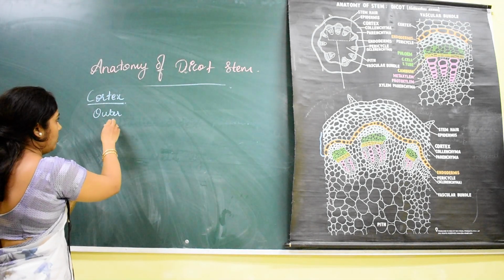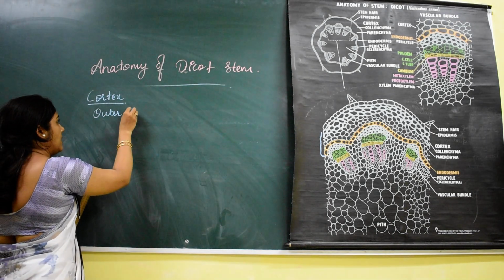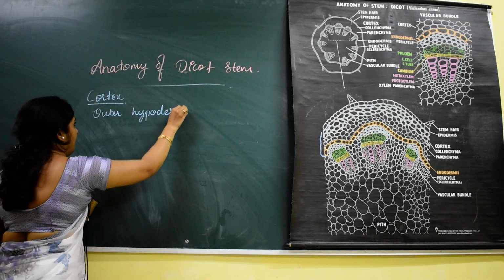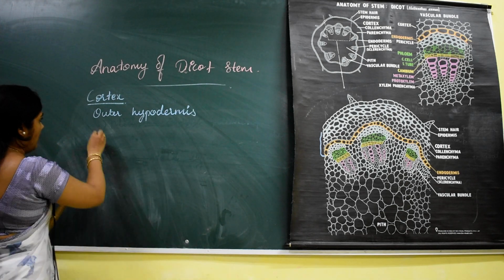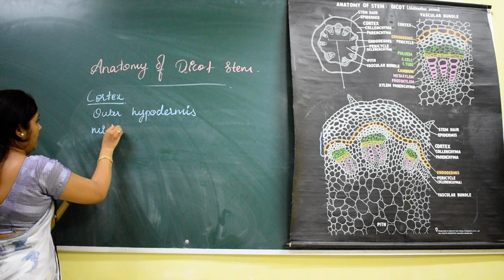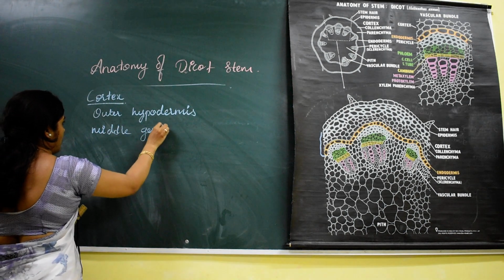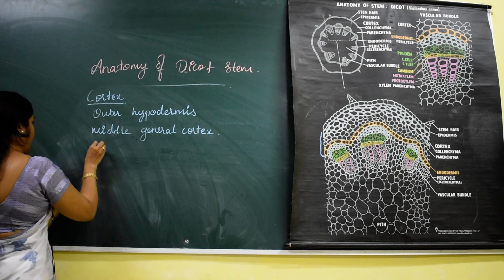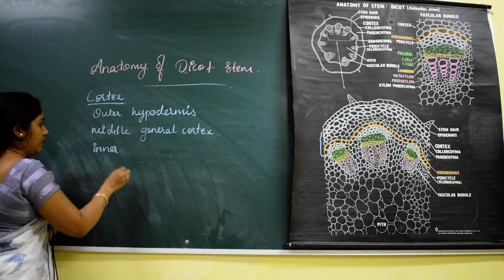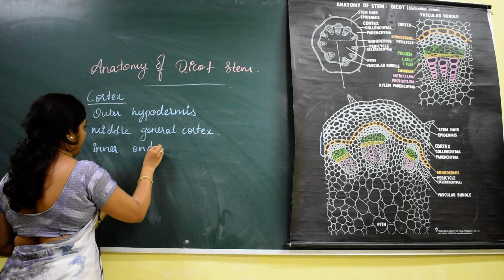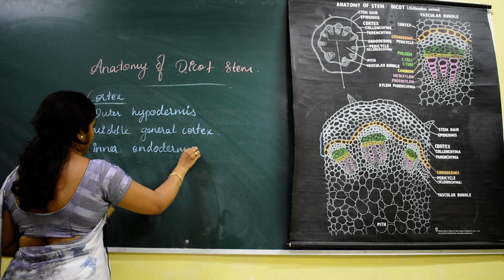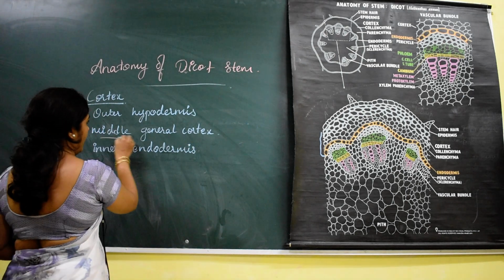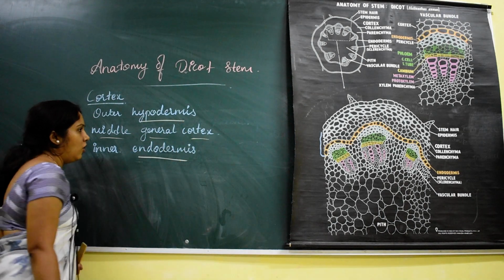It is differentiated into three regions: outer called hypodermis, middle general cortex, and inner endodermis. Outer hypodermis, middle general cortex, and inner endodermis.